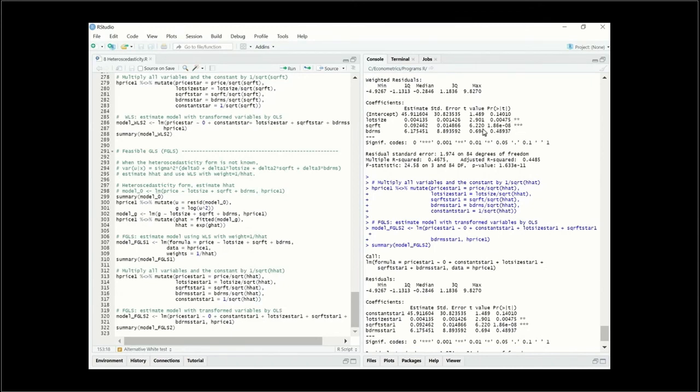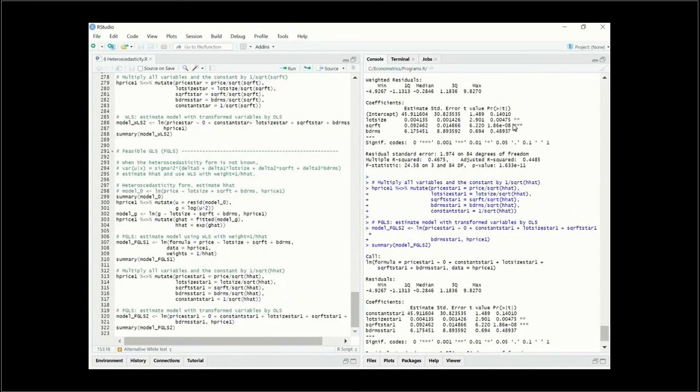But if you compare the significance level, that is very similar to what we had before, both with the OLS and WLS. And again, this is specifically in our case, it doesn't always have to be the same. So we have similar results.